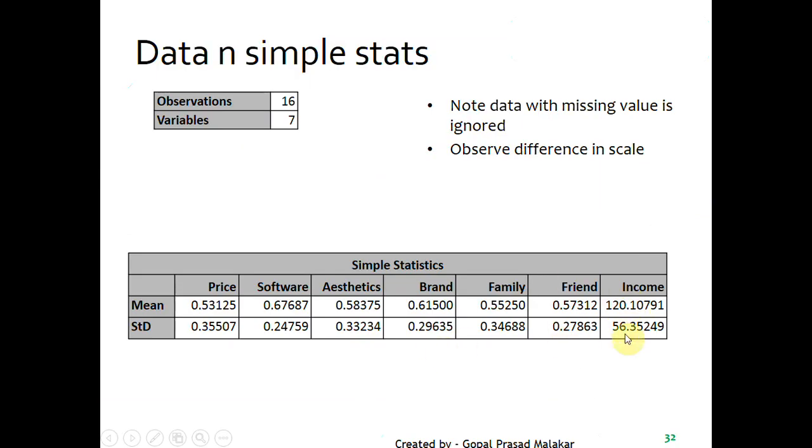Obviously this has a much larger scale than this, but as I told you, SAS intrinsically takes only the standardized value. It further standardizes even these variables and this one.